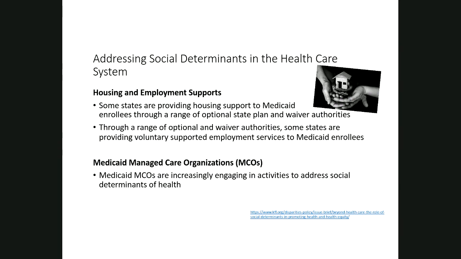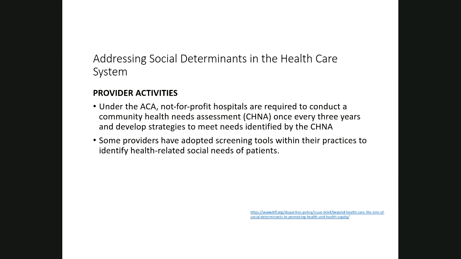Medicaid managed care organizations are increasingly engaging in activities to address social determinants of health. And finally, as providers, nonprofit hospitals are required to conduct a community health needs assessment once every 3 years. Some providers have adopted screening tools within their own practices.